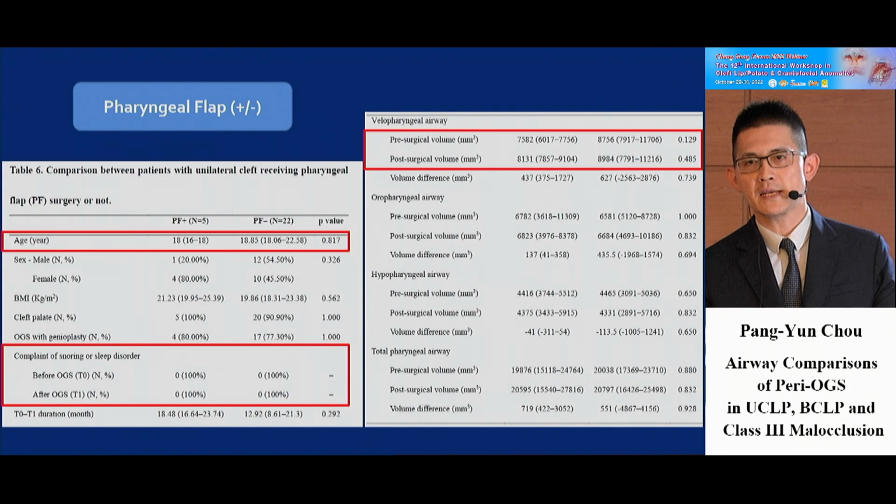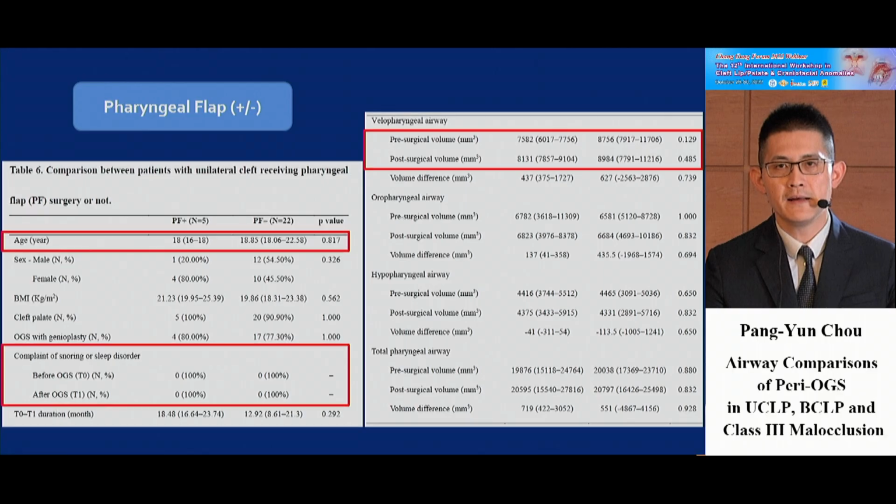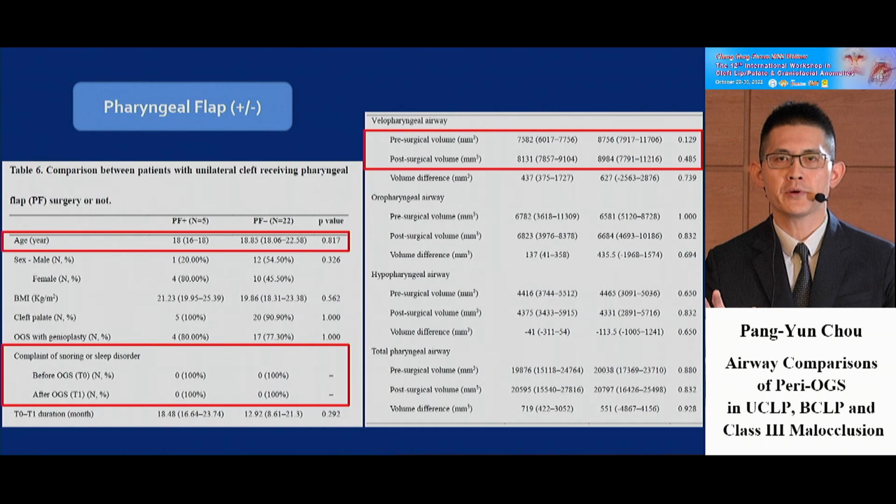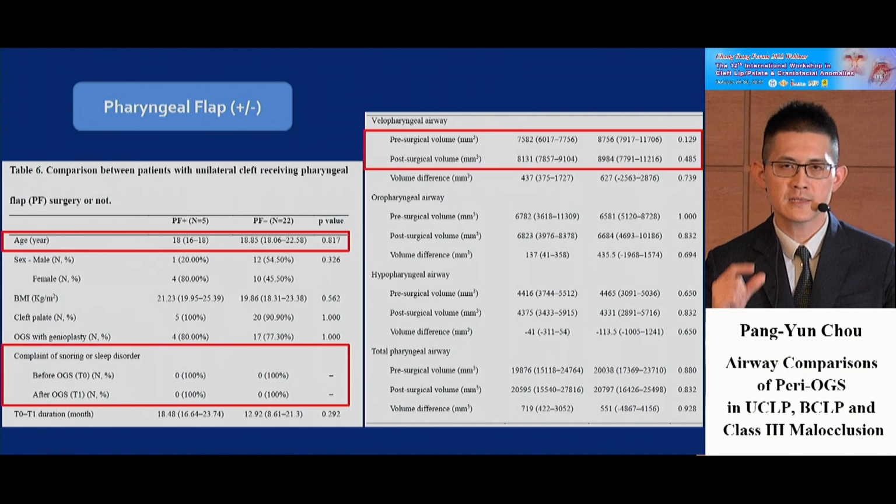This may give us a hint that the pharyngeal flap really does somewhat occlude the airway. However, after OGS, based on our protocol, we could provide a similar post-operative airway for both groups.